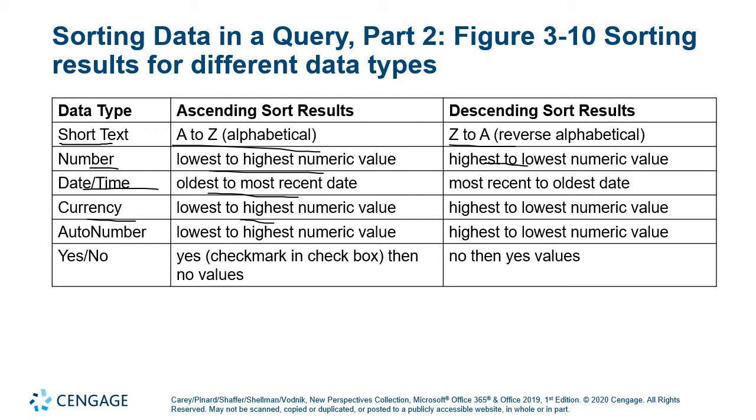Currency is based on the value, again high to low. Auto number is an integer, so it's low to high or high to low. Yes/no is tricky. For ascending, yes then no. For descending, no then yes. So that's how the sorting works.